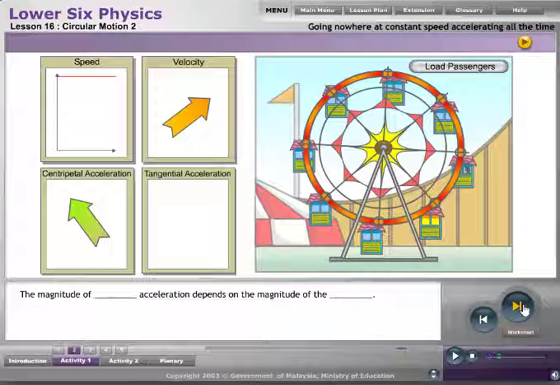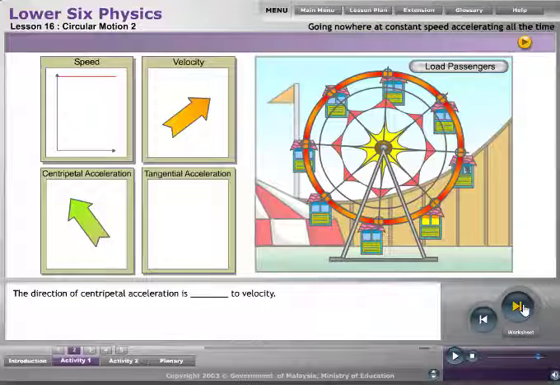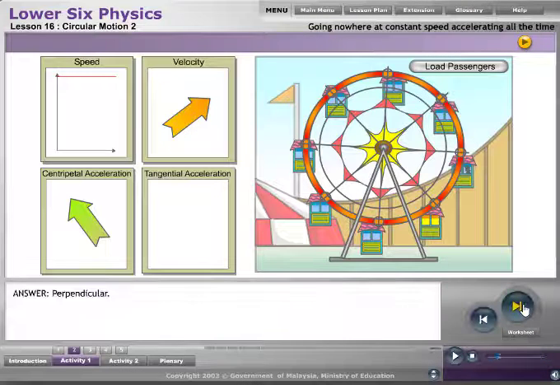The magnitude of blank acceleration depends on the magnitude of the blank. Answer: centripetal, velocity. The direction of centripetal acceleration is blank to velocity. Answer: perpendicular.